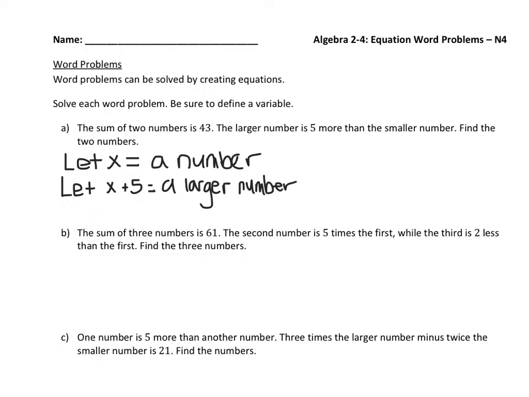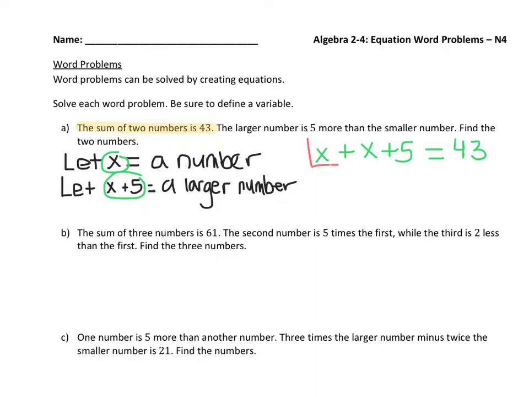Now it says the sum of the two numbers is 43. Sum means addition, so what I have to do here is add my two numbers together. x plus x plus 5 equals 43.